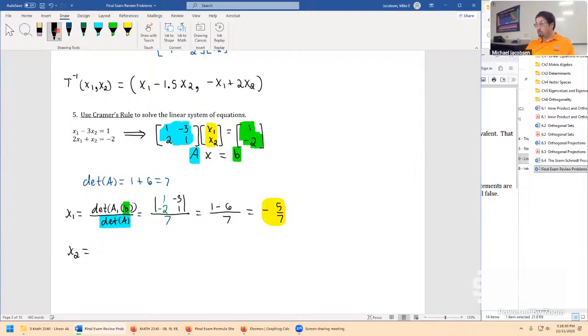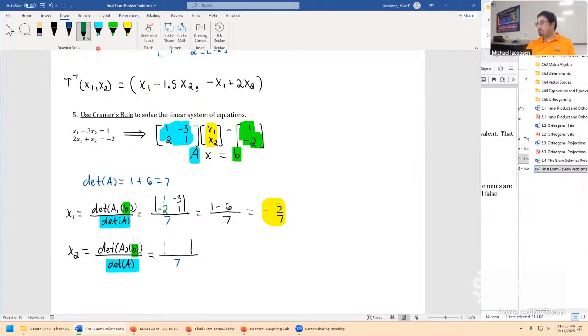Next, let's solve for x2. Same kind of game, we just change the subscript to A2(b). So determinant A2(b) here, divided by determinant A. Like before, once we got that denominator, it just gets copied in. Determinant of A2(b).